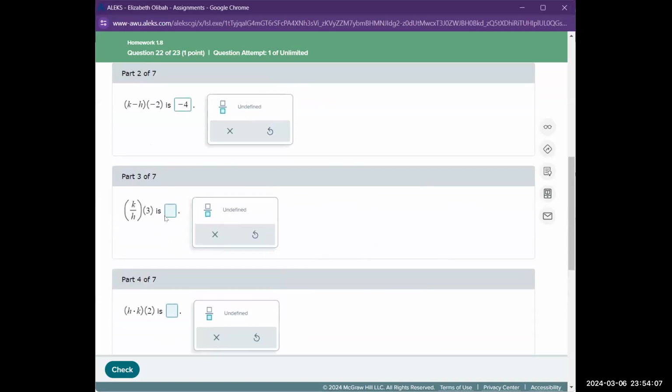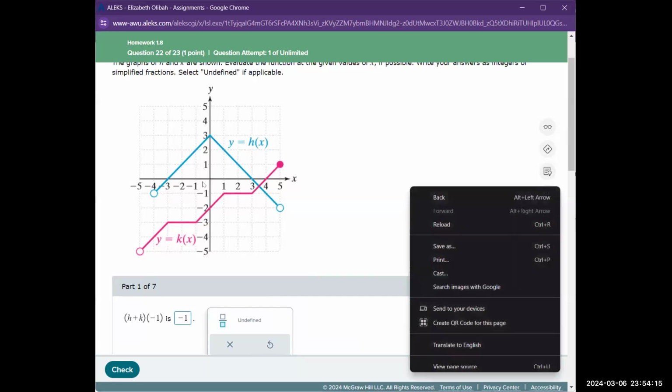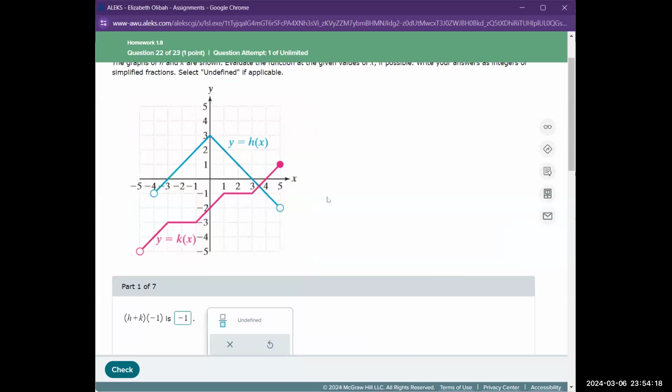So now k divided by h. Again, I'm going to find out what's happening at 3 for both functions and then divide. So when I plug in 3 to k, I get -1. Do you see that? At 3 on the x, if I go to the k function, which is the red one, I get -1.